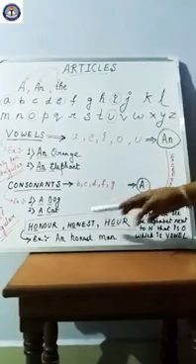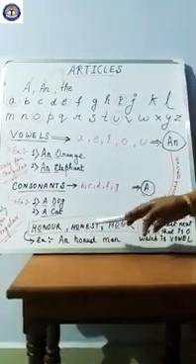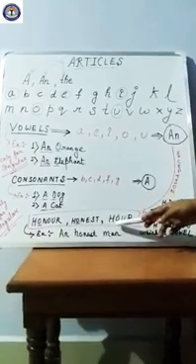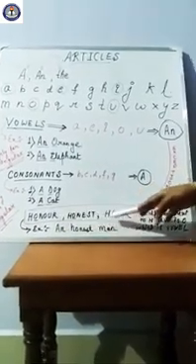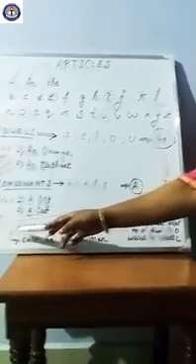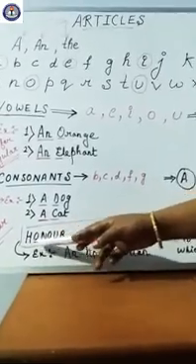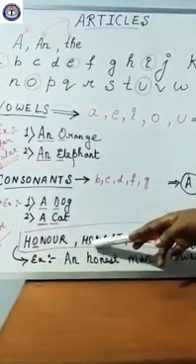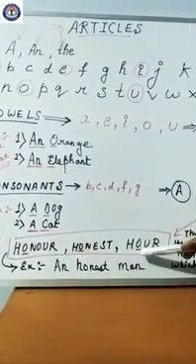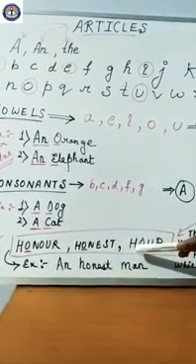Now, always this rule is not followed. There are some exceptions. Look at these words. Honor, honest, hour. In these words, H is silent. We say honor. We don't pronounce H. We say honest. And we say hour. So, here H is silent.